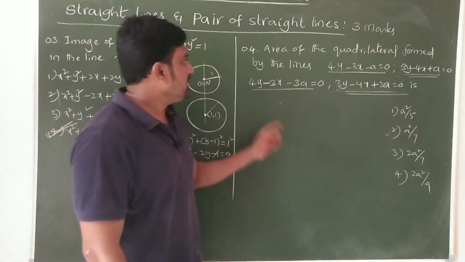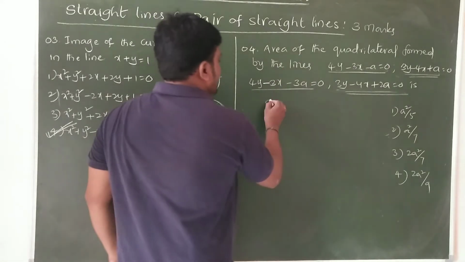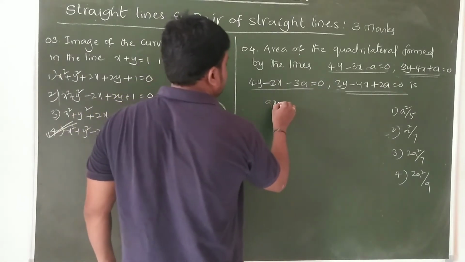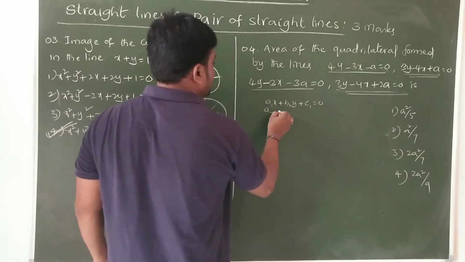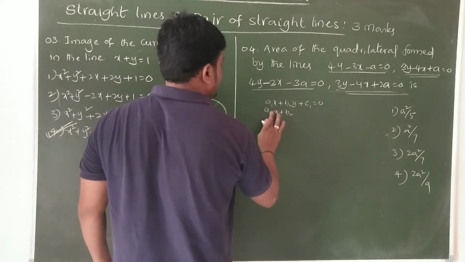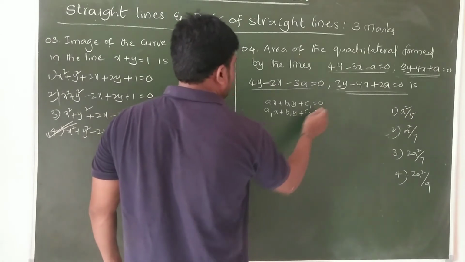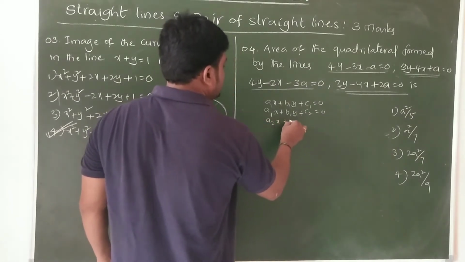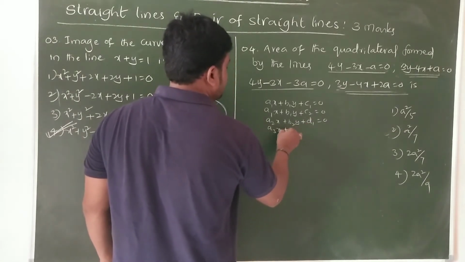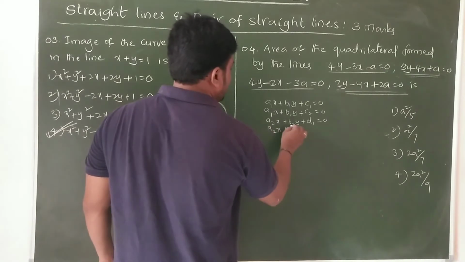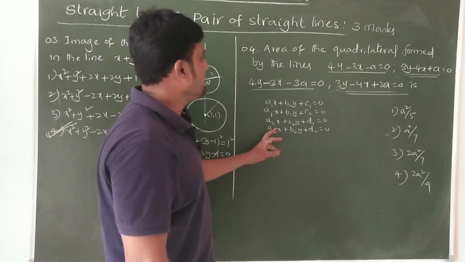Now the equation of the area of the quadrilateral formed by the lines a1x plus b1y plus c1 equals 0, a1x plus b1y plus c2 equals 0, then a2x plus b2y plus d1 equals 0 and a2x plus b2y plus d2 equals 0 are lines.